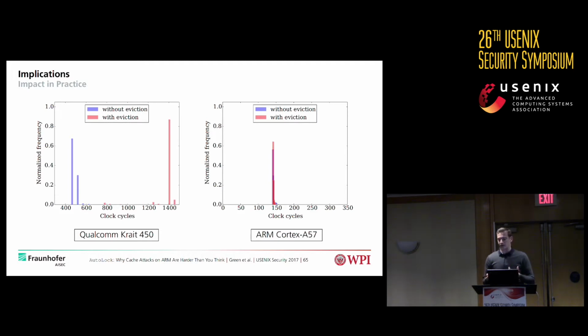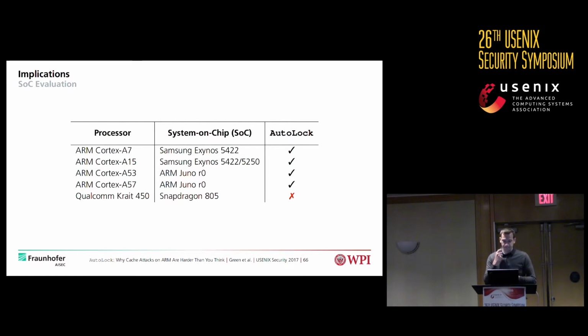So this is how we encountered it, and this is what we actually use, this cross-core eviction-based method, to test chips for whether they have AutoLock or not, because it's not documented. So we have to have some way of testing chips if they feature it. And this is what we did.